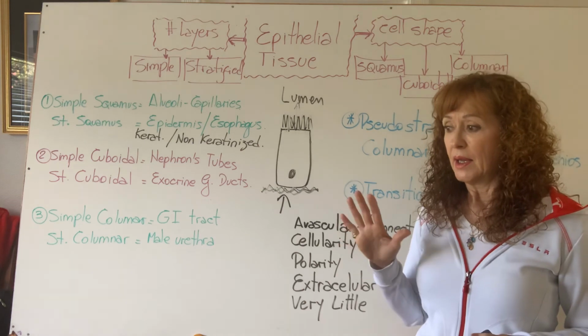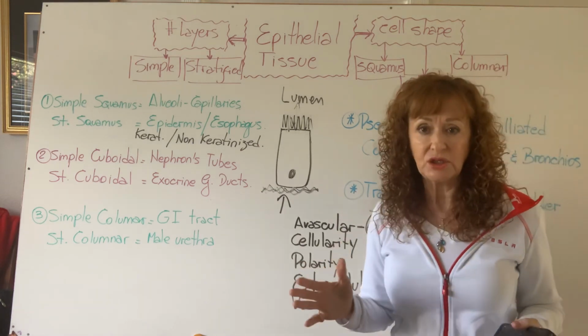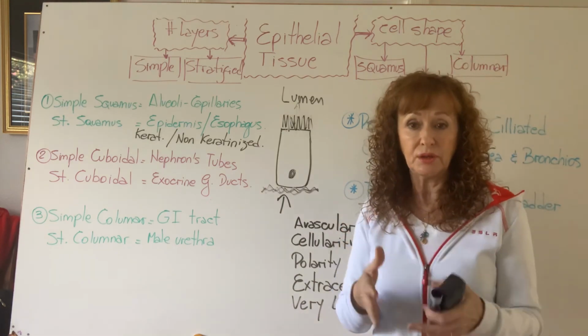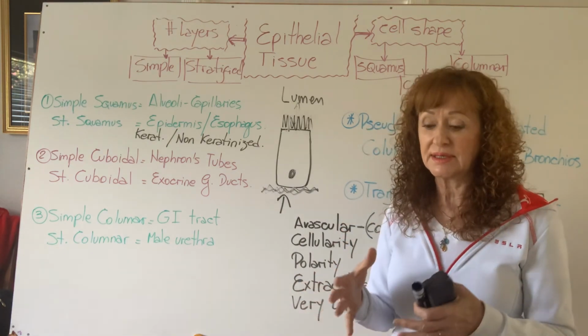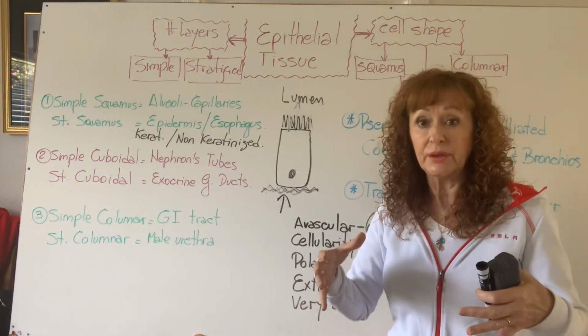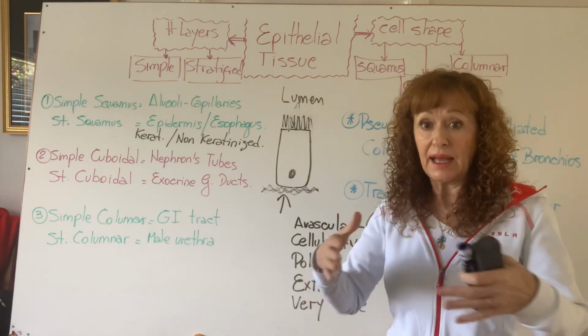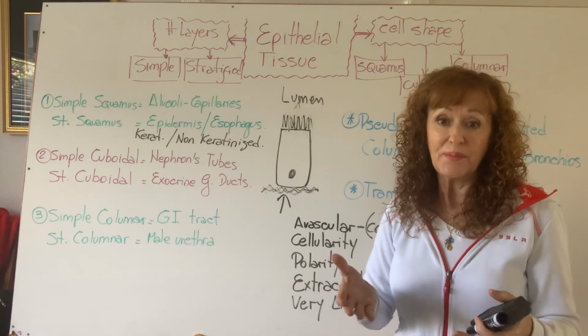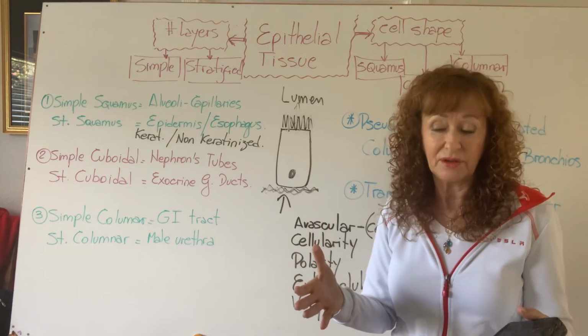Now, why is it called transitional? Because it depends on whether those structures, the urinary bladder or the ureters, are filled with urine and distended, and obviously we cannot take a sample of that tissue because the patient is alive, correct?